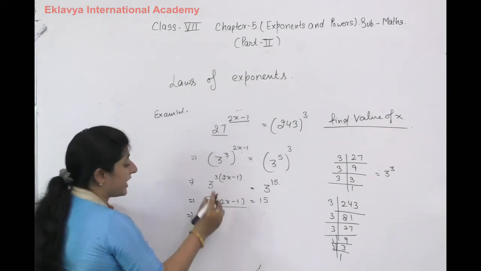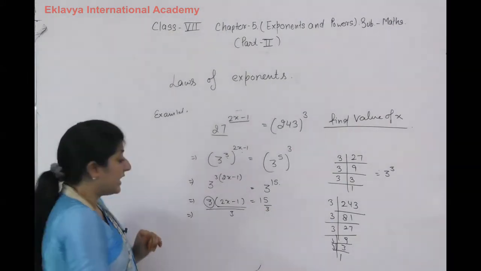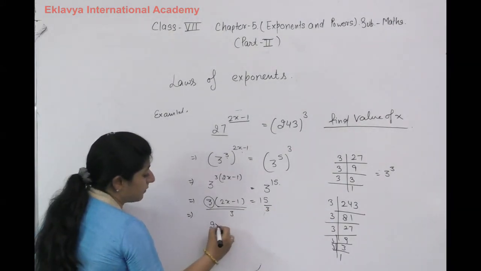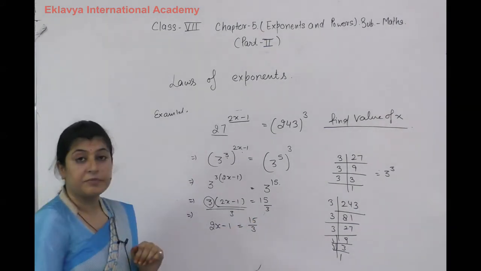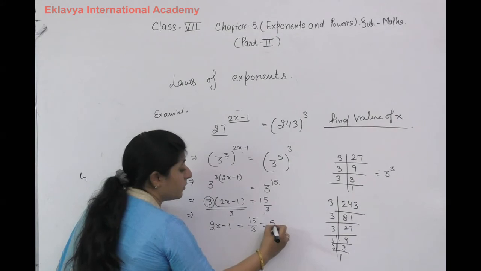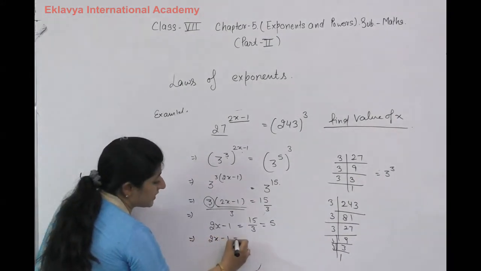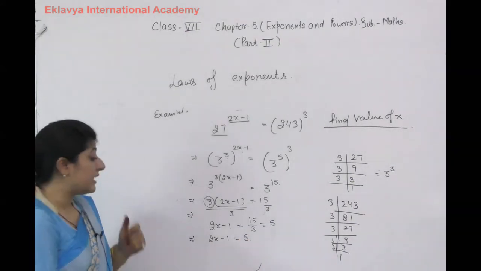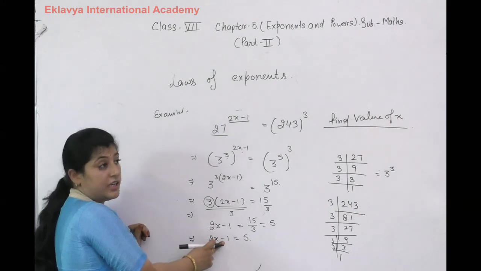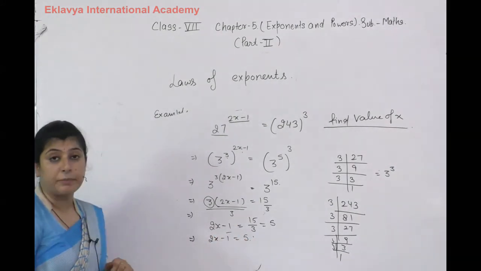If here I divide by 3, then here also I divide by 3. Then the 3s cancel, and it becomes 2x minus 1 is equal to 15 by 3, which is 5. Now solve it. 2x minus 1 is equal to 5. One method is, if you change the side of minus 1, it comes plus 1.